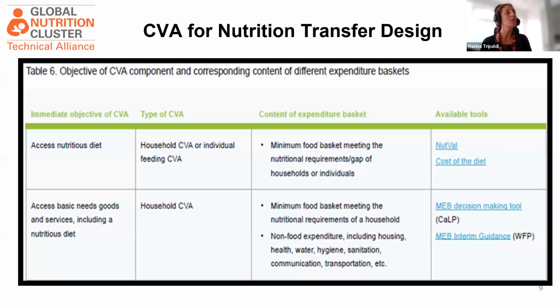When we want to improve the nutritional adequacy, when we want to make sure that our beneficiaries have access to a nutritious diet, we want to consider a food basket that is meeting the nutritional requirement of these individuals, or the gap of the cost of this nutritious diet and what they can meet with their own means.